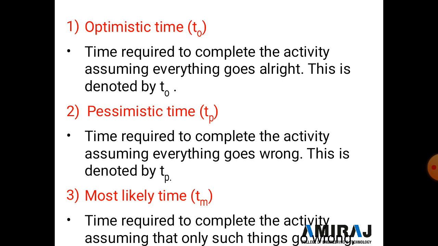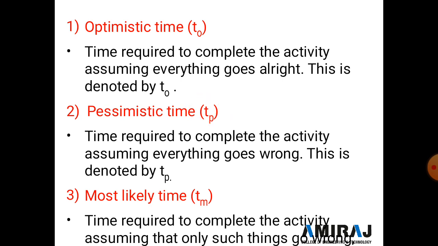Next is the pessimistic time. It is the time required to complete the activity assuming everything goes wrong, and it is denoted by TP. P means pessimistic and T means time.